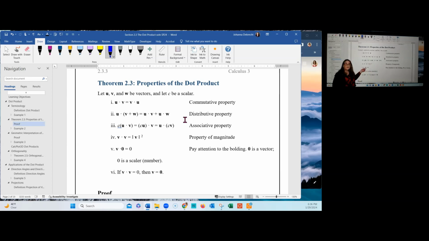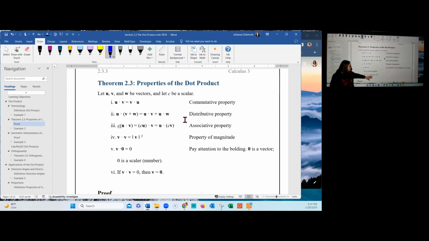Now, what happens if we dot a vector with the 0 vector? Well, the 0 vector is a vector of however long where all the components are 0. And since 0 times any constant value is 0, this gives us the scalar 0, not the vector 0. Remember, the dot product is a scalar.